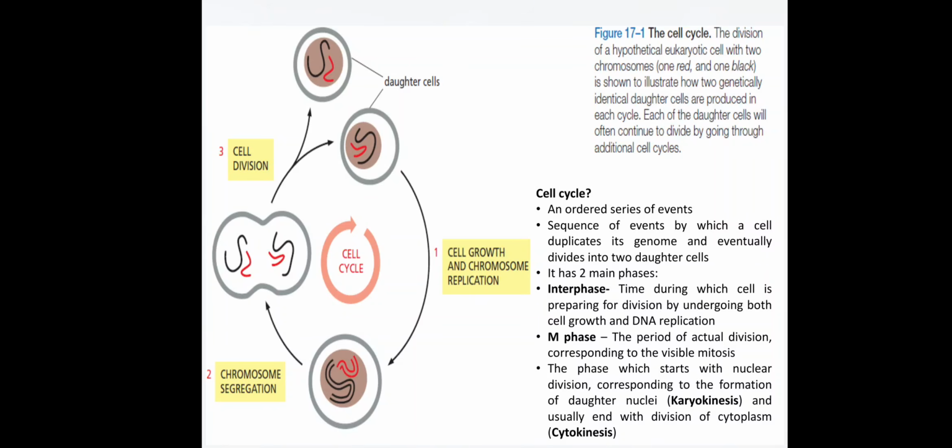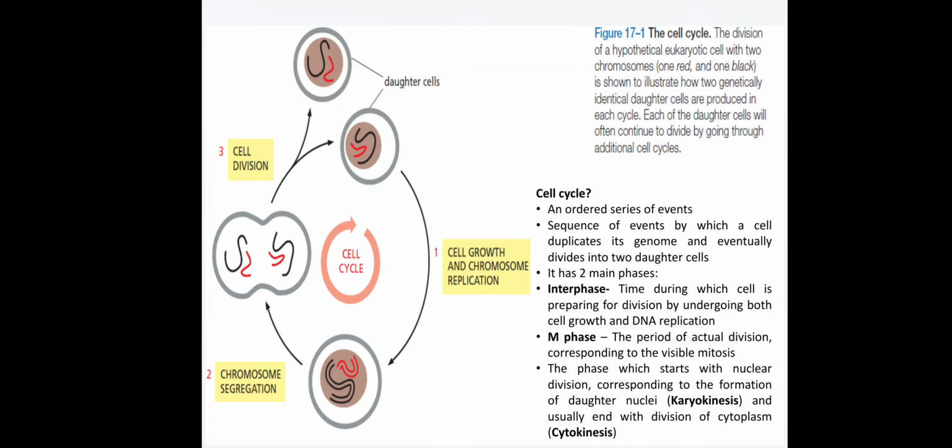It has two main phases: interphase, the time during which each cell is preparing for division by undergoing both cell growth and DNA duplication, and M phase, the period of actual division corresponding to the visible mitosis, the phase which starts with the nuclear division corresponding to the formation of daughter nuclei, karyokinesis, and usually ends with division of cytoplasm, that is cytokinesis.